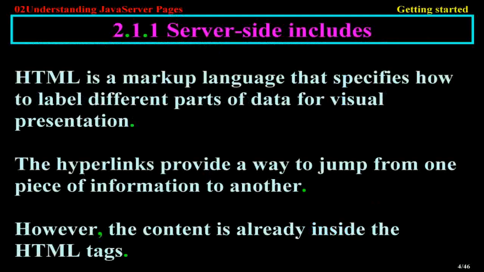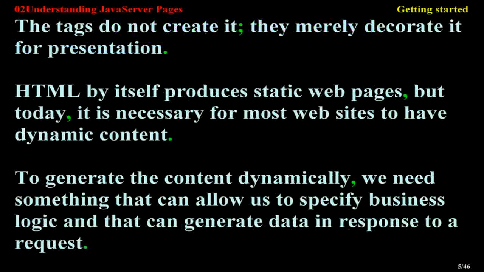2.1.1 Server-side includes. HTML is a markup language that specifies how to label different parts of data for visual presentation. The hyperlinks provide a way to jump from one piece of information to another. However, the content is already inside the HTML tags. The tags do not create it.